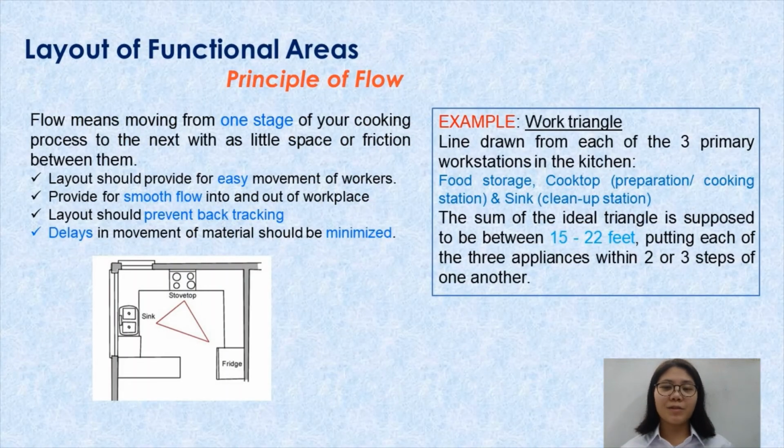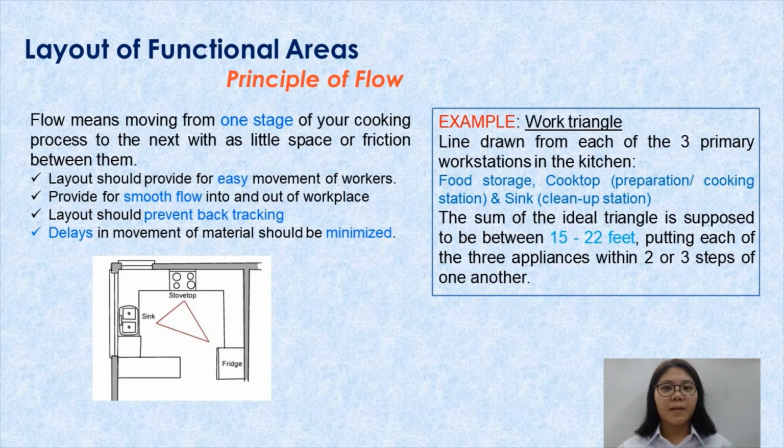And now, the principle of flow. Flow means moving from one stage of your cooking process to the next with as little space or friction between them. The layout should provide for easy movement of the workers. It should provide for a smooth flow into and out of the workplace, and also prevent backtracking. Delays in movement of material should be minimized.